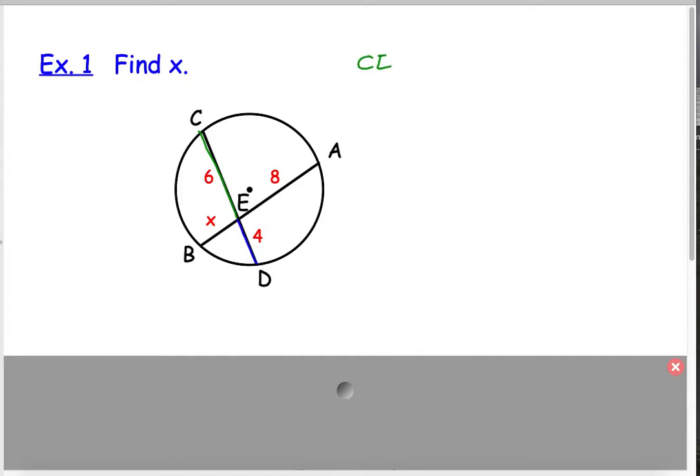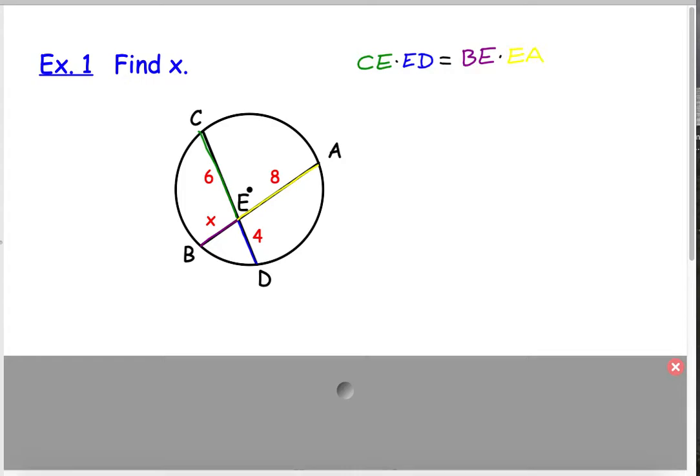So CE times E to D is going to equal, and then let's use purple, B to E in purple, times, how about yellow, E to A in yellow.